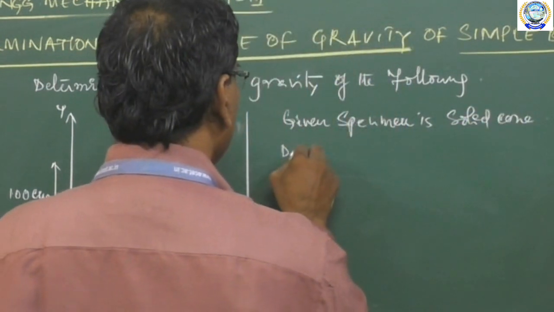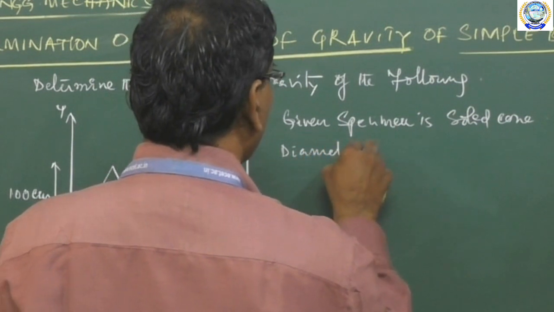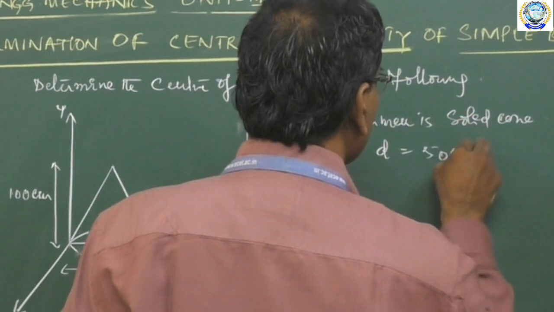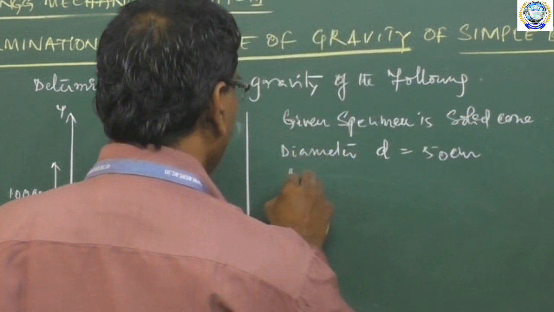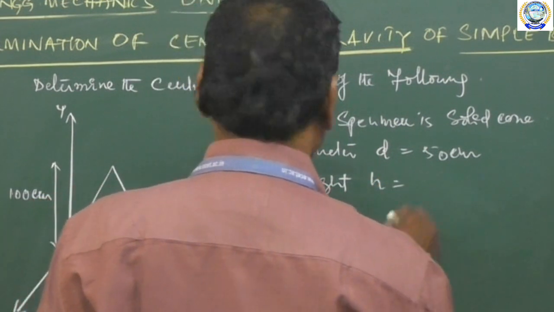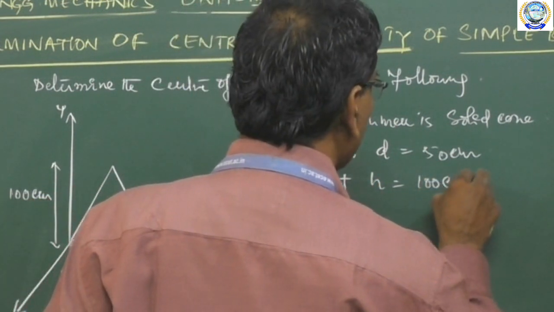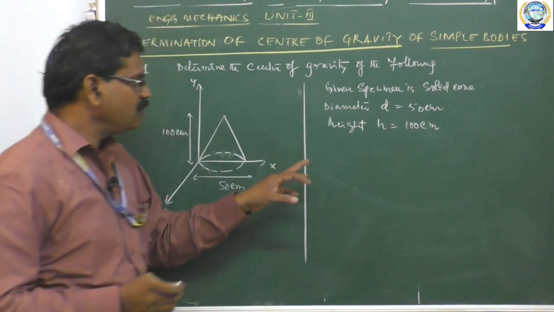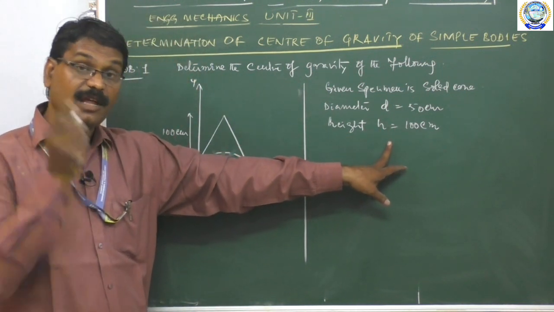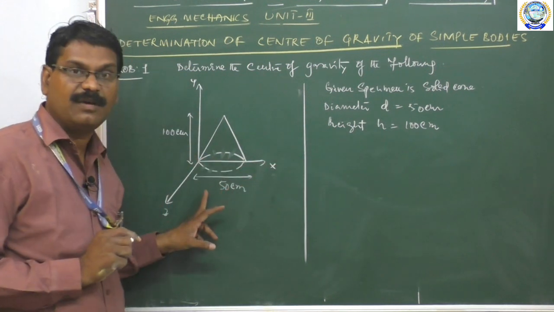The diameter D is equal to 50 centimeters and height H is equal to 100 centimeters. Now, using this D and H, we need to find the X bar, Y bar and Z bar. Then we find the volume of this given solid cone.